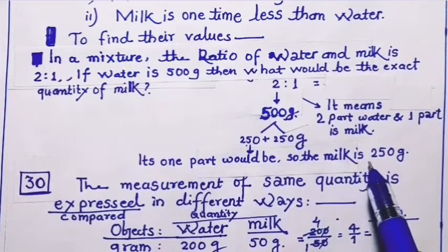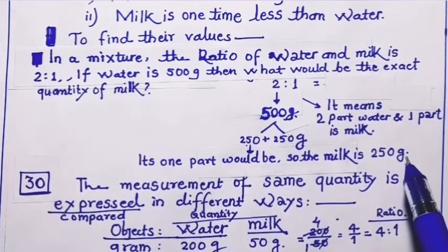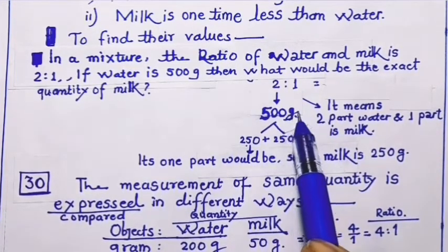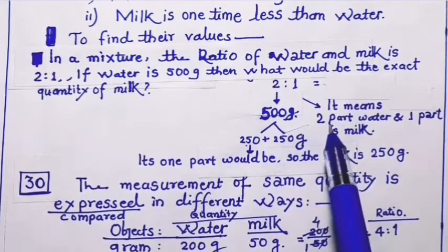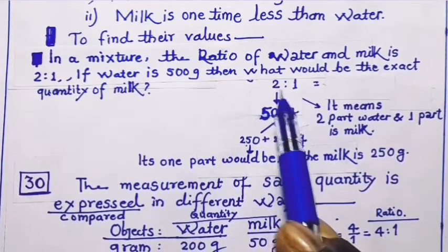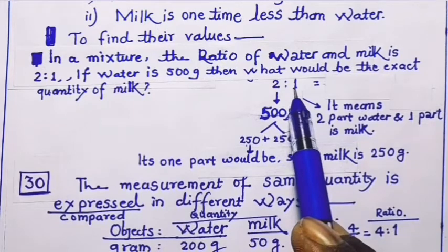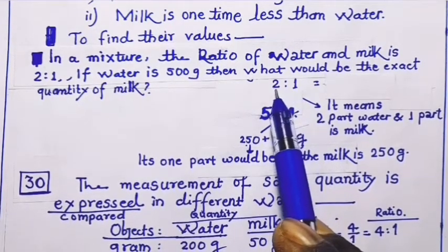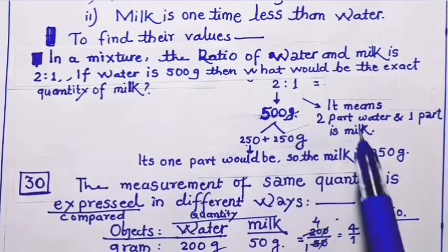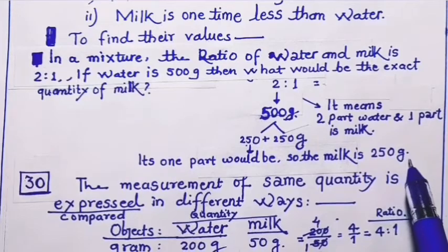So the milk is 250 grams. 2 to 1, it means 2 parts water and 1 part is milk. If 2 parts equal 500 grams, then 1 part would be 250 grams.